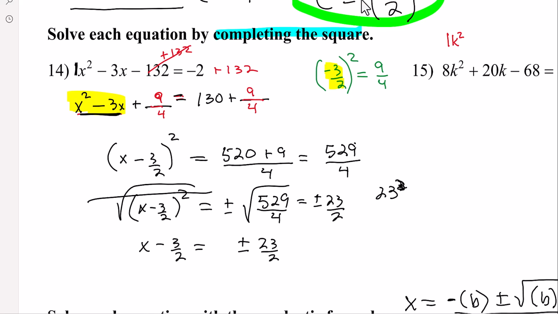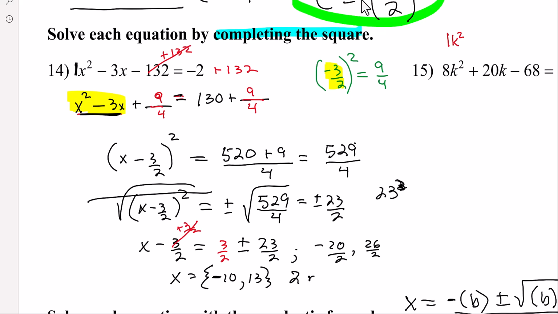So now we're just going to add 3 halves to both sides. So 3 subtract 23 is negative 20 over 2, which is negative 10. And 3 plus 23 is 26 over 2, which is 13.